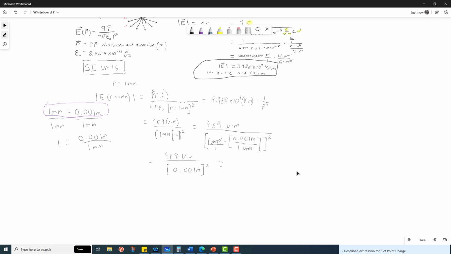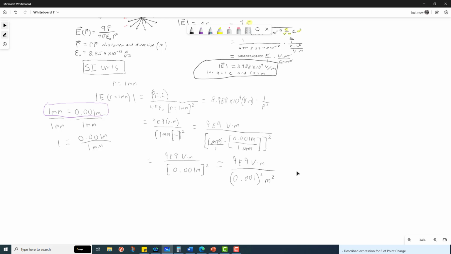So 0.001 squared, and don't forget my unit, meter squared. So I've appropriately accounted for squaring the number as well as the unit.